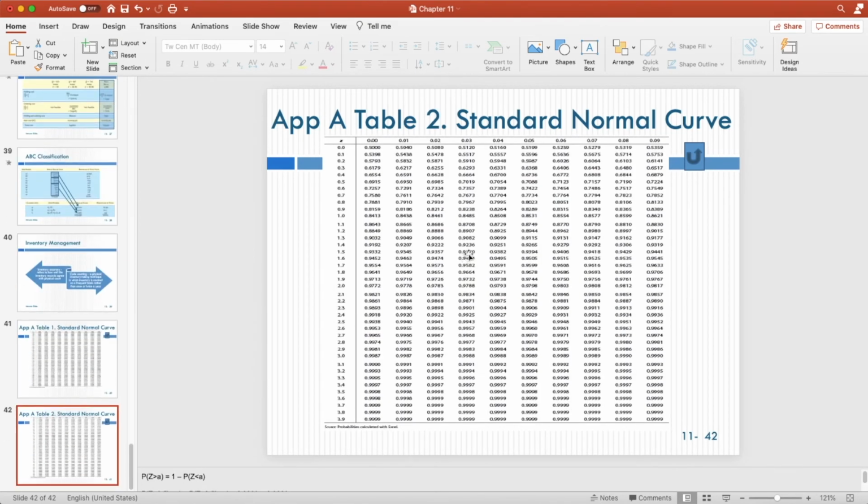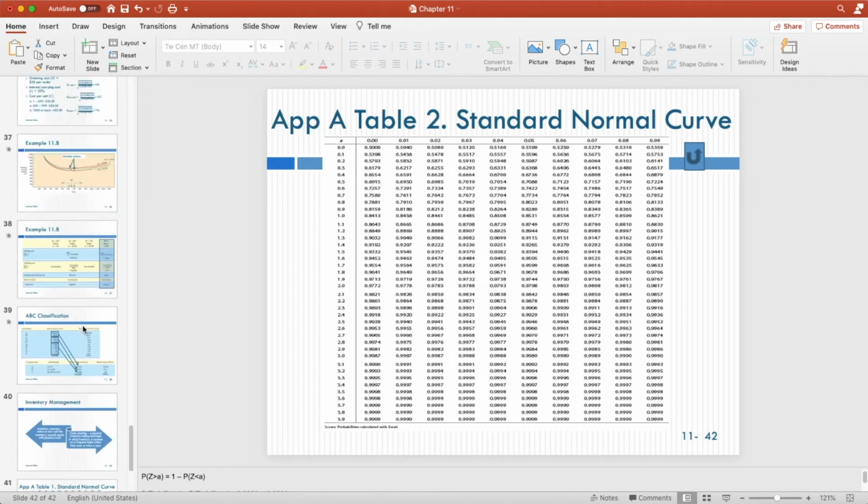This is a very standard z table. In the z table, the row and the column provide the specific z value, and the inside cells provide the probability.